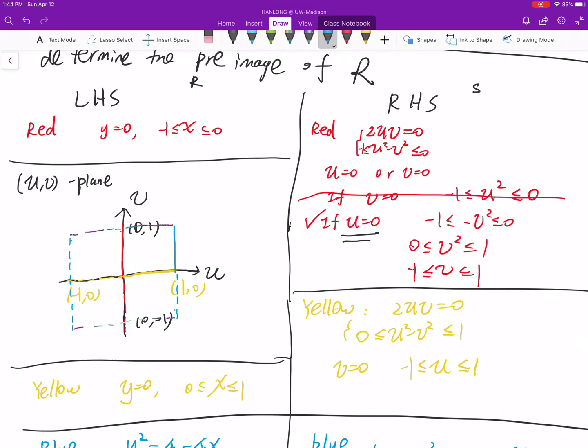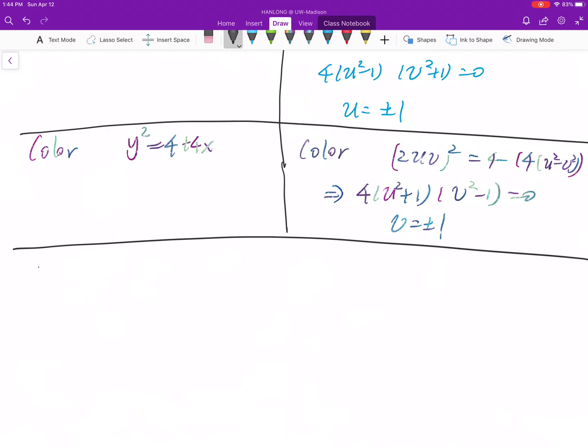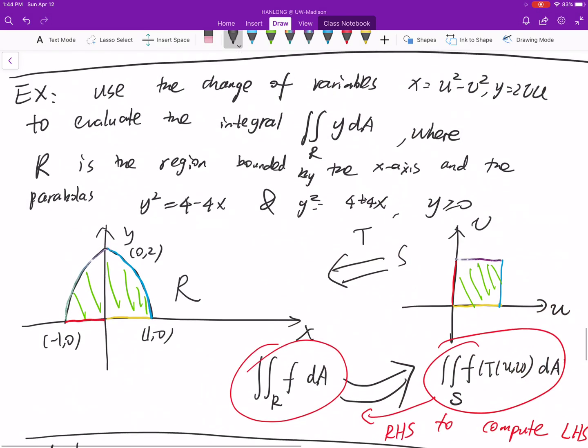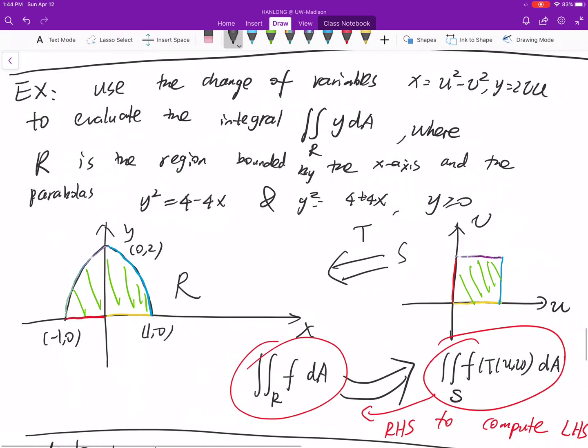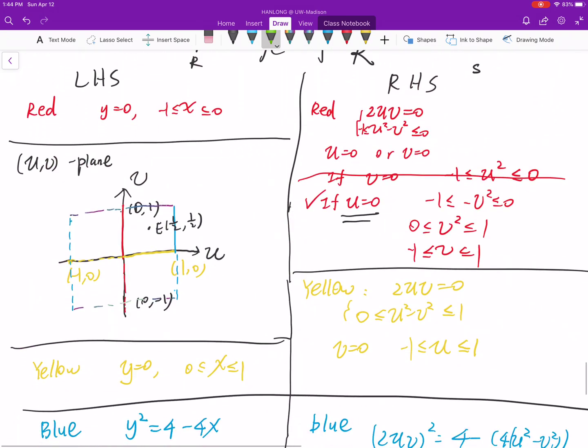Okay, so I will pick a point, for example, like here, E, 1/2, 1/2, and as we computed before, T(1/2, 1/2) is given by x is 1/2 squared minus 1/2 squared, y is 2 times 1/2 times 1/2, so this is 0 and this is 1/2. Okay, so the image is here, T(E).